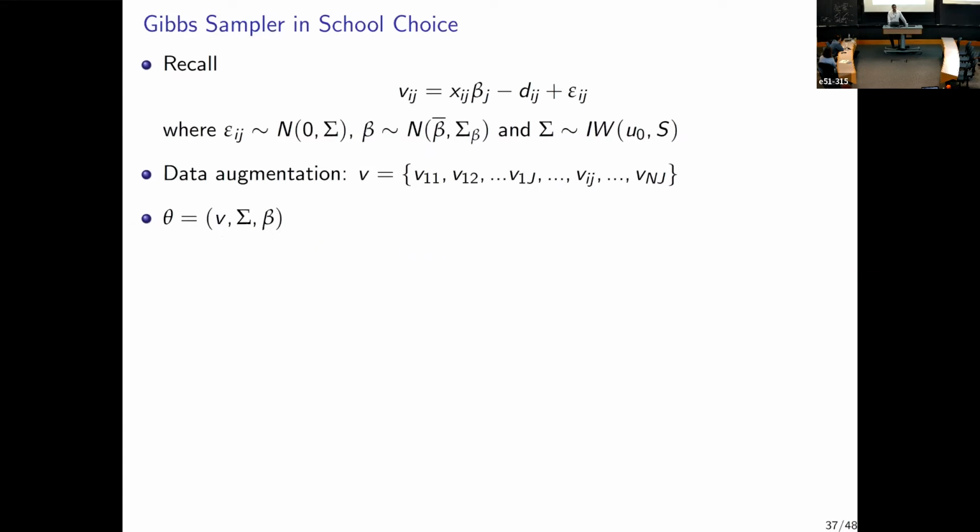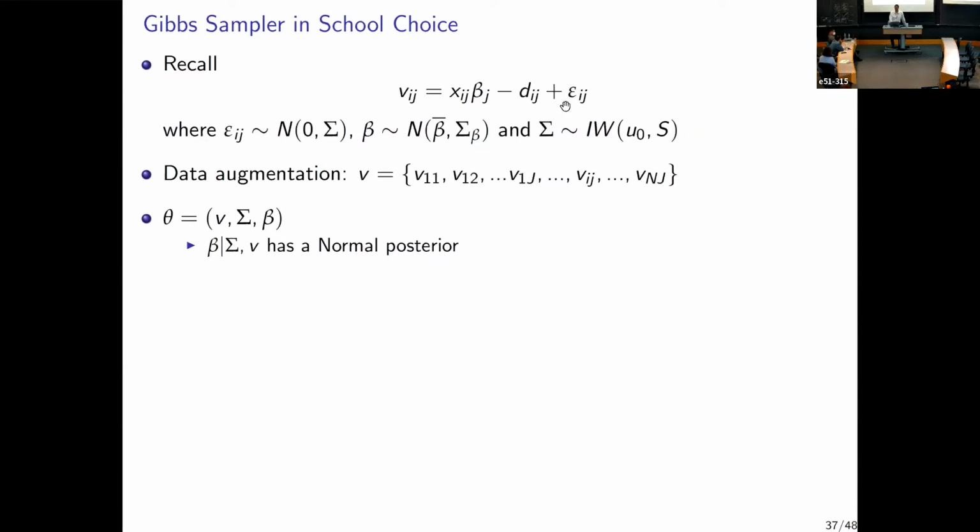So now suppose that we have theta composed of those three elements: V, sigma, and beta. Let's think about this. Suppose that I see sigma and I see V, suppose that those are given to me. Then essentially beta is just the parameter of a regression of V on X, with some errors that have some variance that I know.